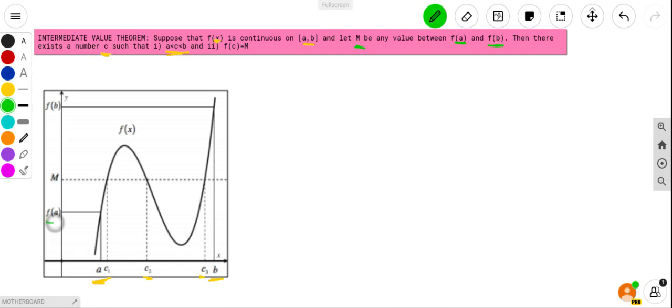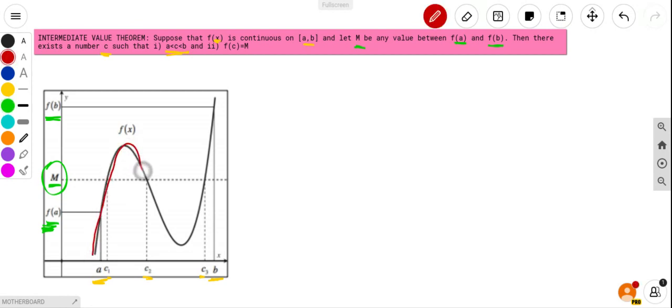So now if we look at the outputs of the function, we're saying that as long as we have a continuous function, right, between a certain closed interval, if we choose a number m that's somewhere between the outputs of the endpoints of the interval, at some point, this graph that we have, which I'm going to go over in the red, right?